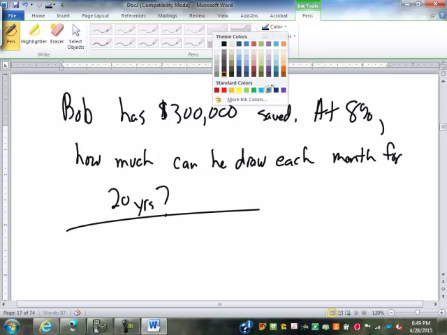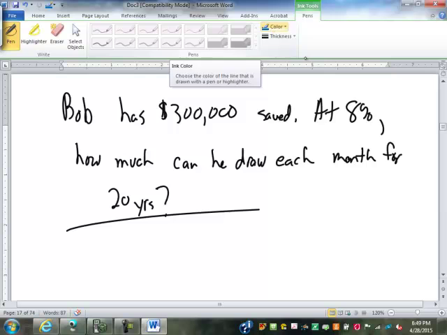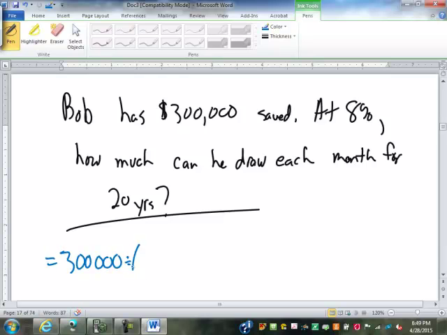Liquidation or accumulation? Liquidation, they're paying out. They have the $300,000, they have the lump sum at the beginning, and we're paying it out. What's that mean to us? We're going to divide because we have the lump sum. It also means the extra step at the end.